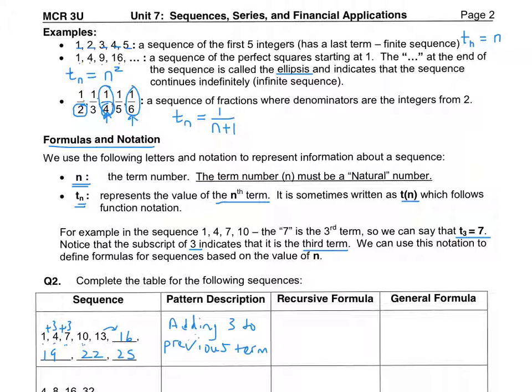So as a recursive formula, I'm going to specify a seed. My term 1 is equal to 1. And then for any other term, my nth term, I would take the term that was before it, which is term n minus 1, and then add 3 to that value. So that's my recursive formula. For my general formula, I would have a plus 3 as my slope.